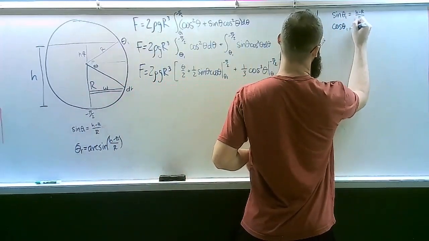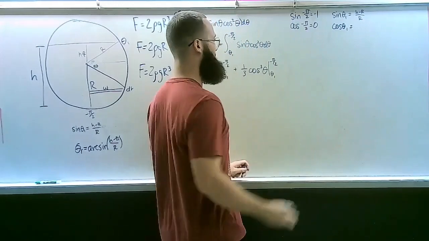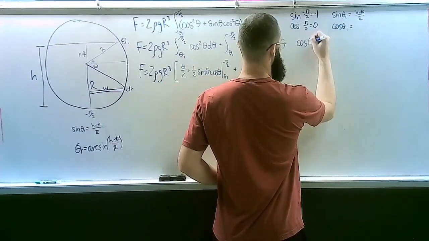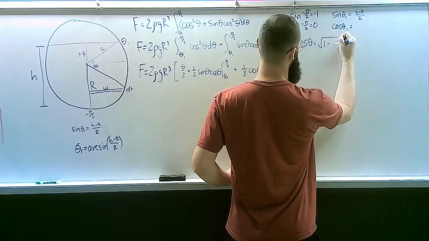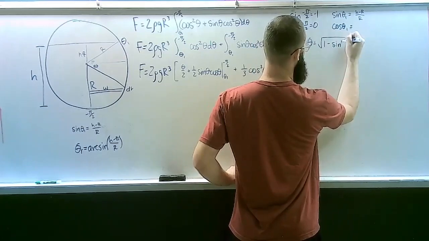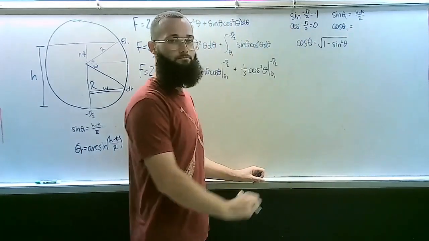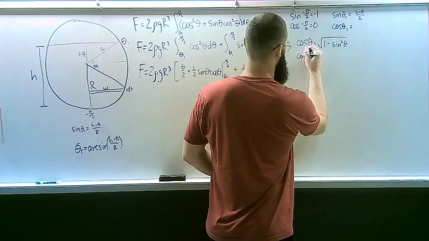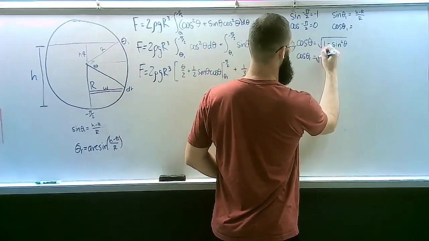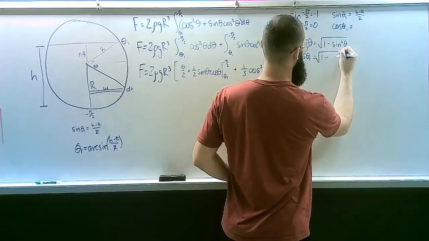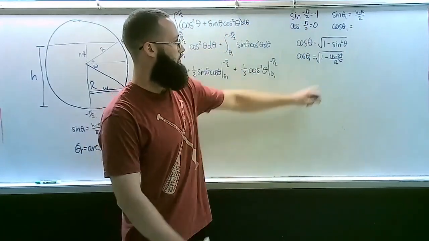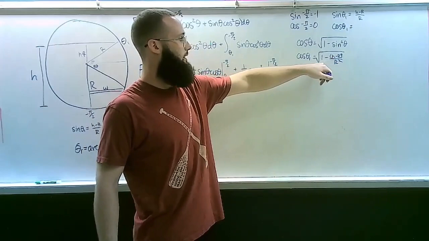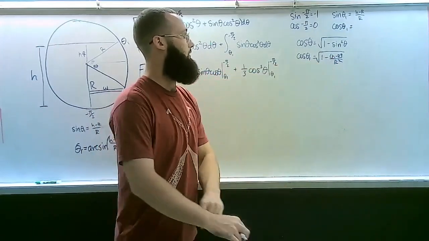Cosine theta 1 is going to be a little bit more tricky. So using the identity property, we know that cosine theta is equal to the square root of 1 minus sine squared theta. And so substituting theta 1 in for this, we know that cosine theta 1 is equal to the square root of 1 minus (h minus r) squared over r squared. And so I want to FOIL this out, and I also want to get a common denominator for this 1 in this sine squared theta term.